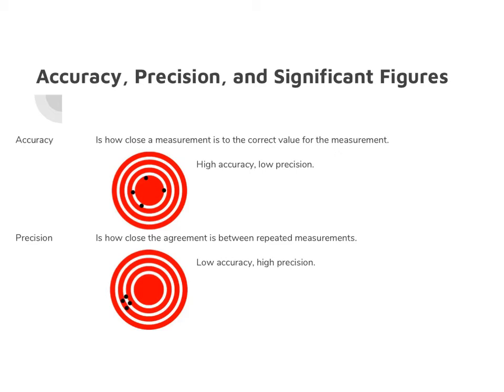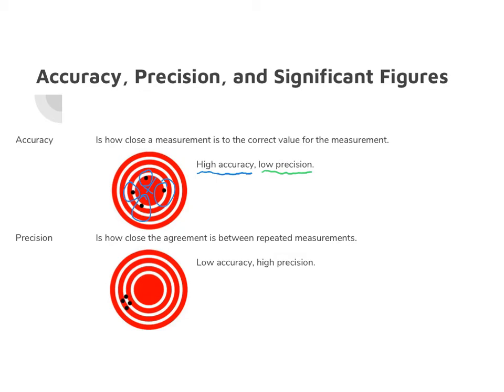So if we look at our target here, and we see these 4 dots, they are all very close to the bullseye of this target. They have high accuracy, but low precision. High accuracy, but low precision.